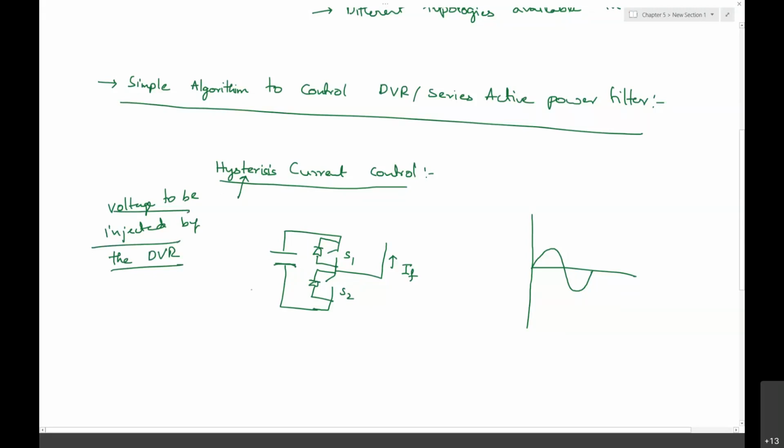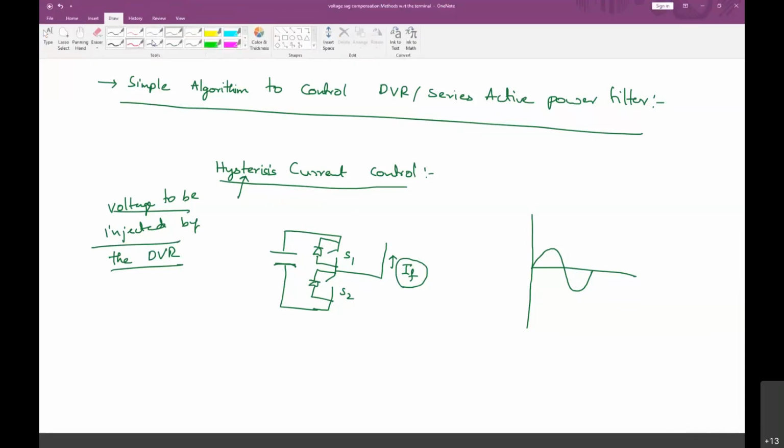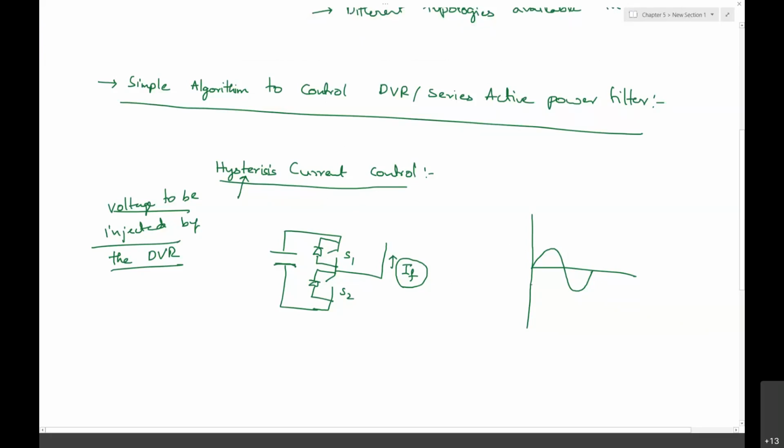I'll try to explain this particular concept, which earlier in APC and even in the course of the hyper converters, I think sir has explained about it. One thing is, in the hysteresis current control, how is it going to operate? Suppose we are there at a certain instant of current, it is this.